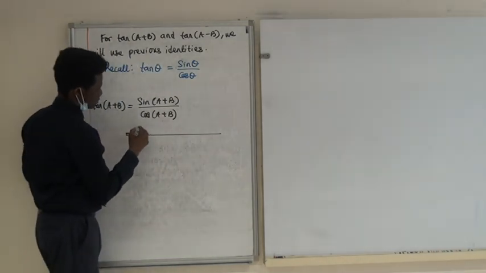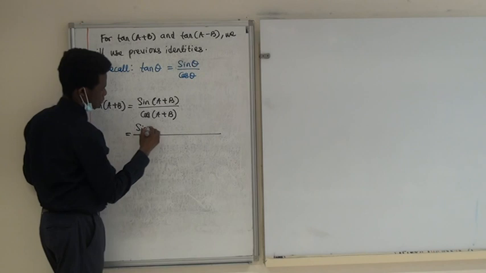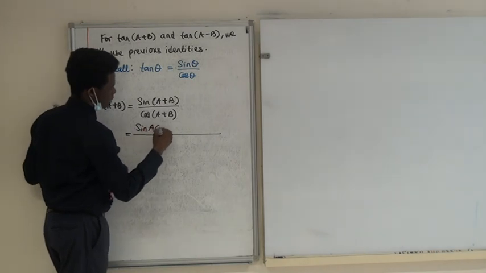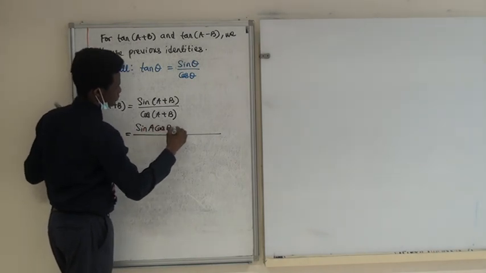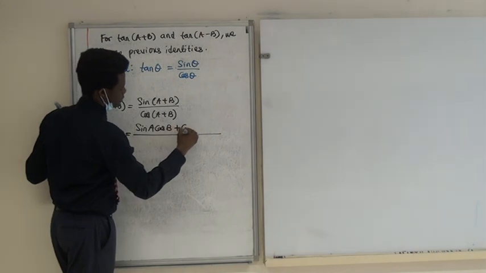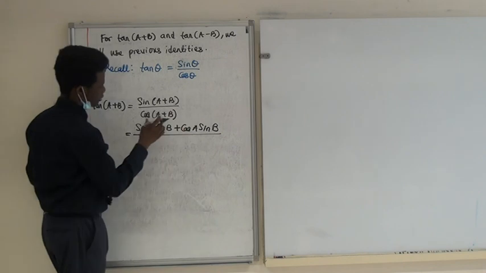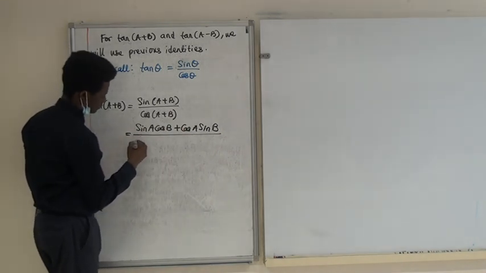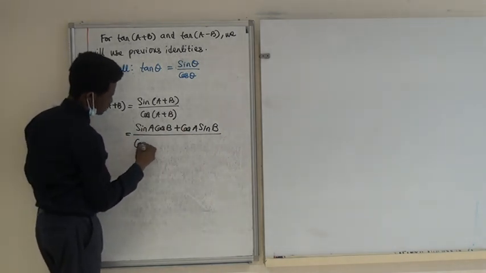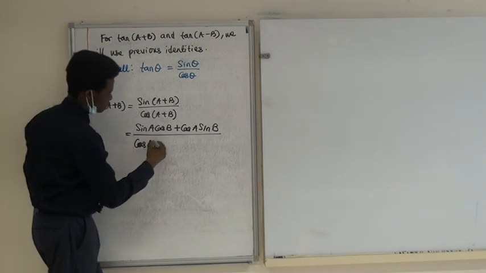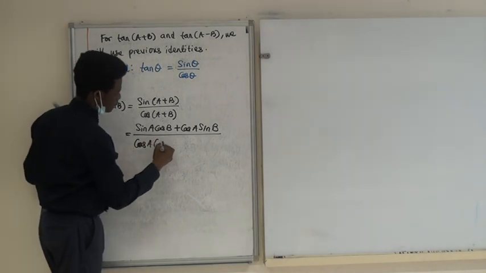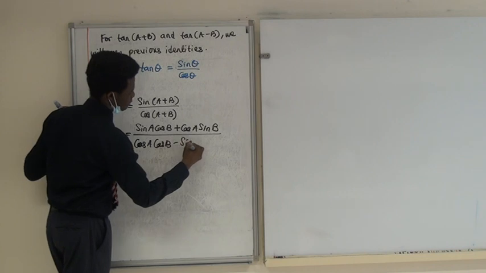Sine A cos B plus cos A sine B. And for cos? Cos first, right? Cos A cos B minus sine A sine B.